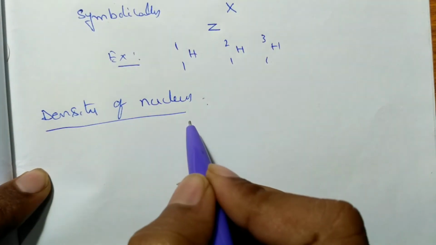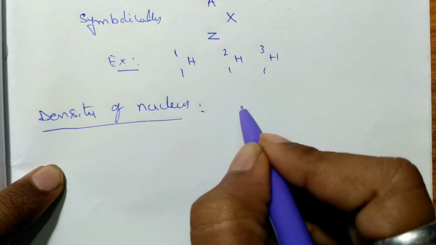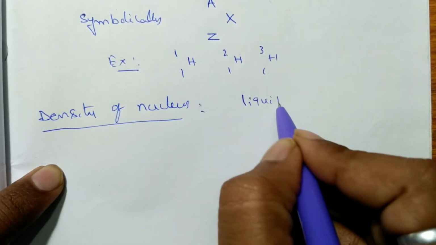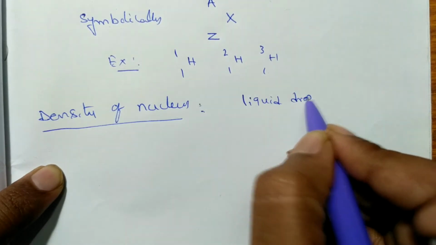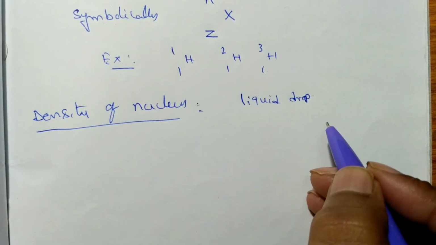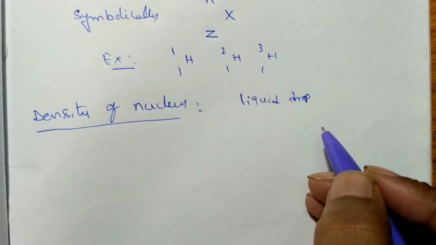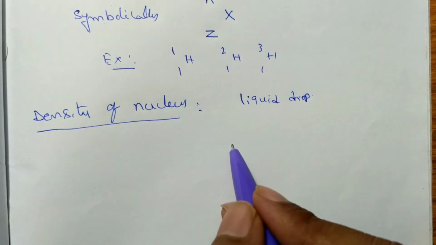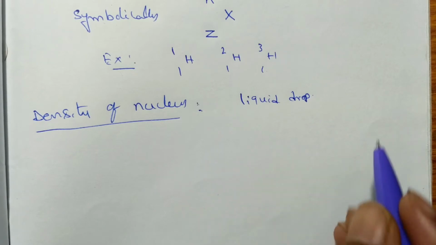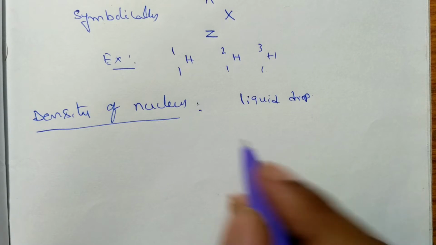Next one is density of nucleus. The nucleus is compared with a liquid drop, because due to surface tension the liquid drop forms a sphere. Here, an atom consists of protons and neutrons and electrons rotating around this nucleus.